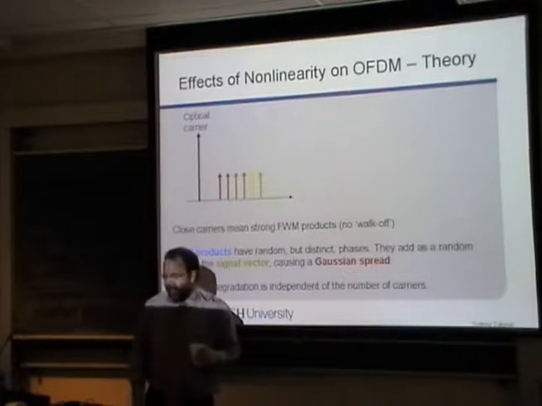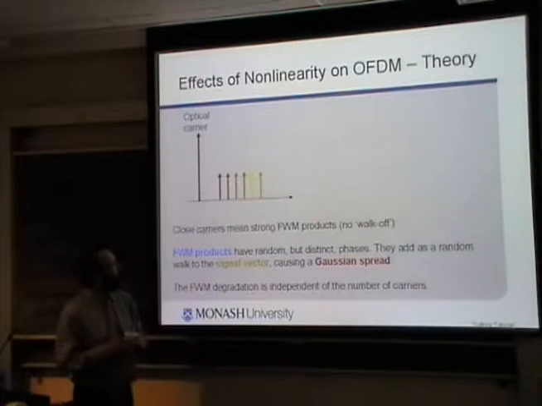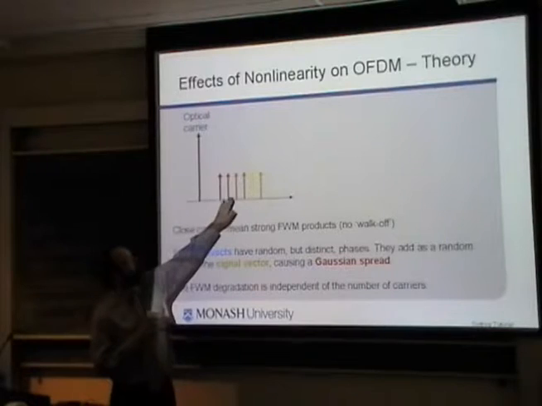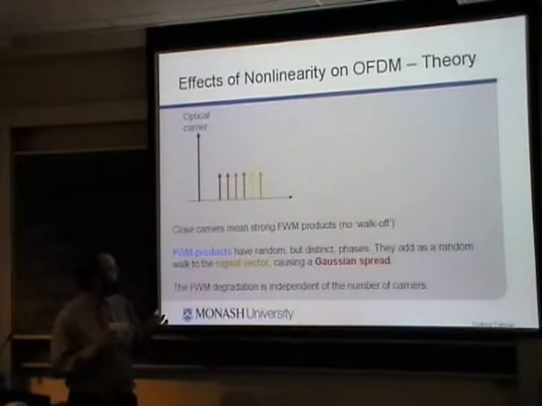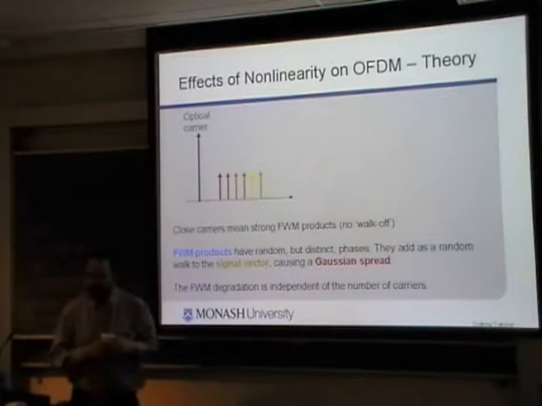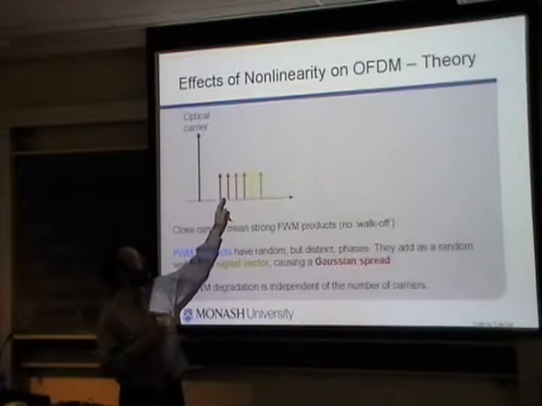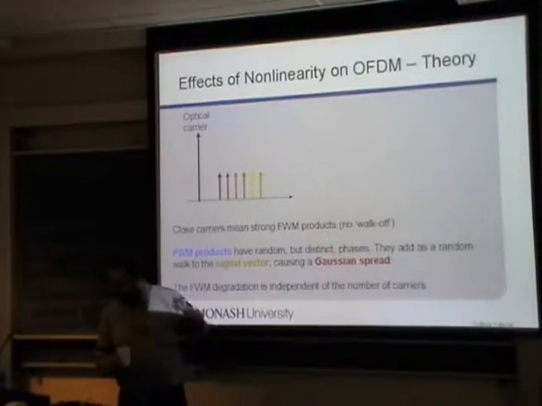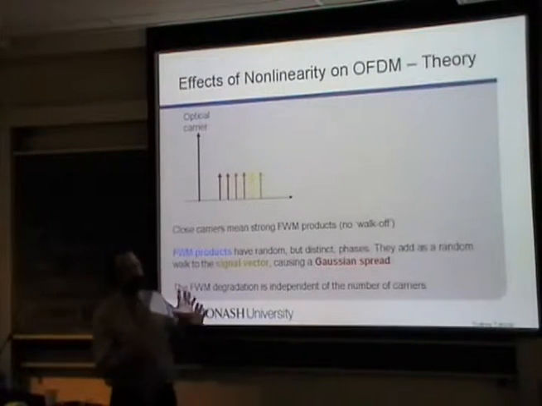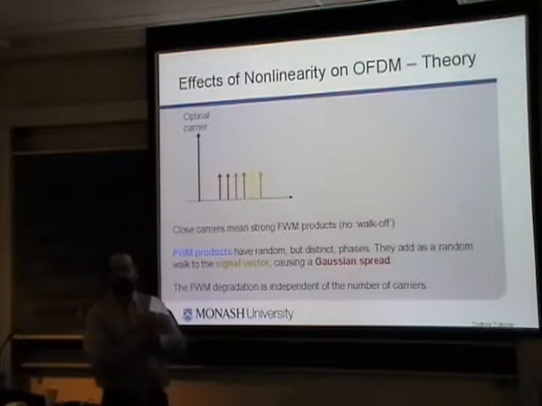Right, so in an OFDM channel, we have lots of subcarriers, which are slow. And the initial criticism of OFDM was, it'll never work because pairs of these subcarriers will mix together and produce four-wave mixing products.